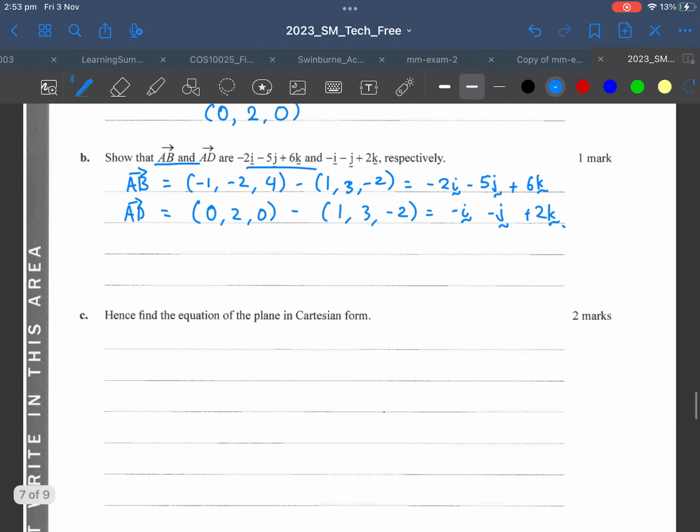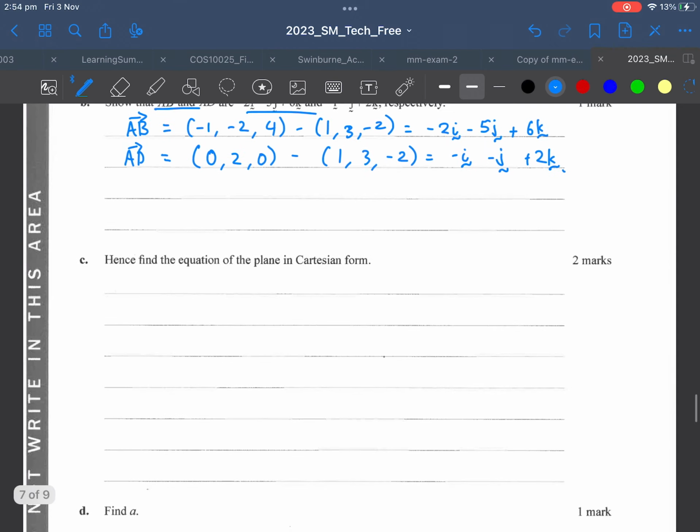Hence find the equation of the plane. Okay, so n equals AB cross AD, so we just use the cross product here. That would mean i, j, k, and AB is going to be negative 2, negative 5, 6, and AD is negative 1, negative 1, 2.